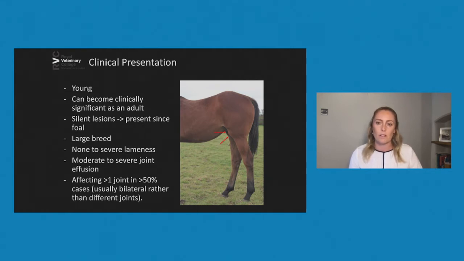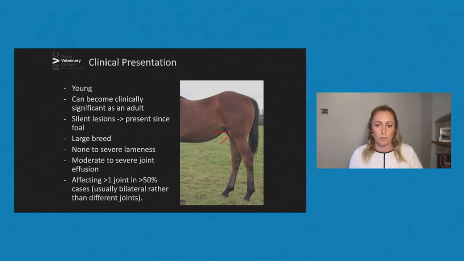The disease often starts to cause problems when the horse is put into training, when they're athletically challenged. And this age will obviously differ with different populations, being earlier in the thoroughbred racehorse than warmbloods destined for dressage. And often the horse can be sound, or it can experience a variety of different degrees of lameness.